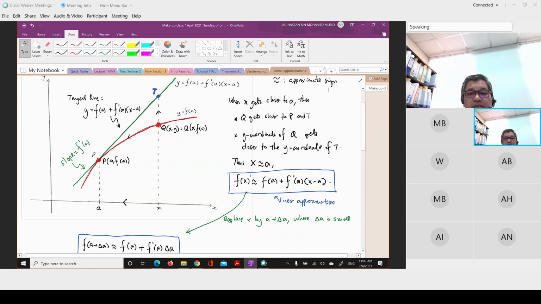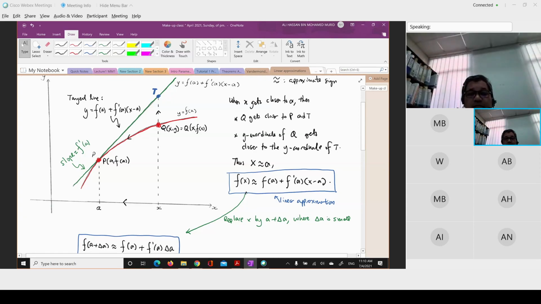So again, if x is approximately equal to a, then f(x) is approximately equal to f(a) plus f prime(a) times (x minus a).